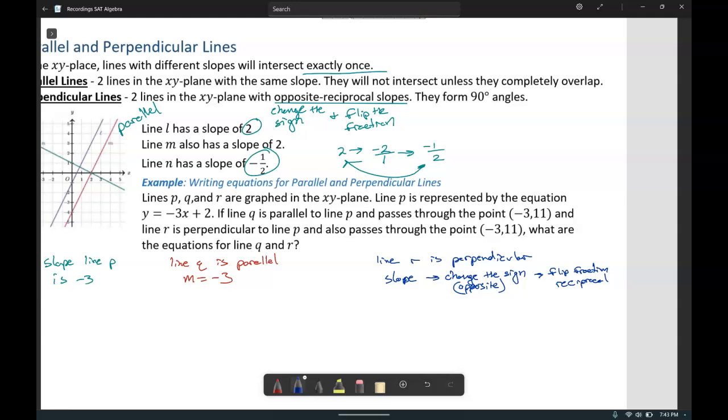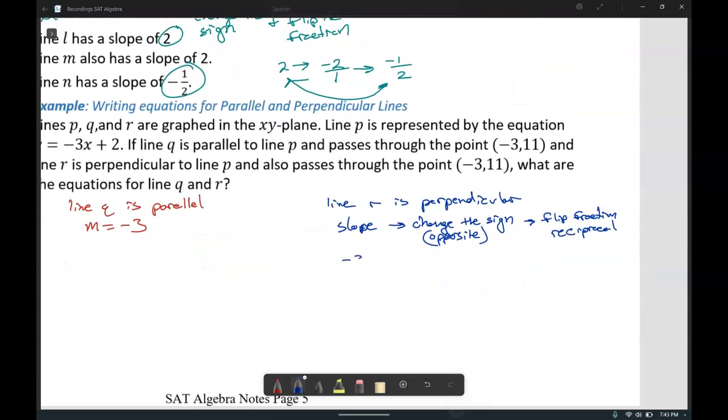So when we take the slope of -3 and change the sign, the opposite is 3, and its reciprocal is 1/3. So the slope of line R is 1/3.